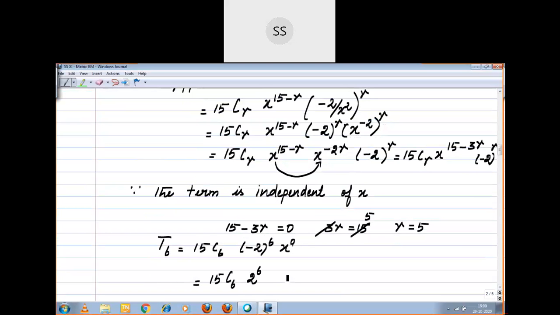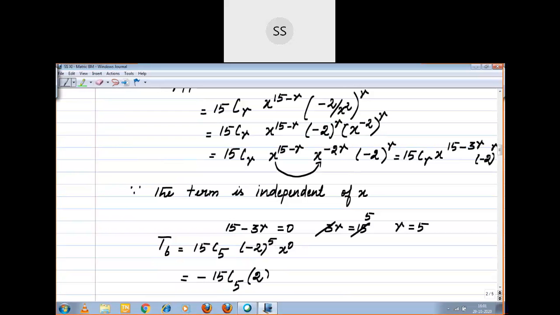Sorry children, r value was 5 only. So 15C5, minus 1 the whole power 5, that is odd integer.